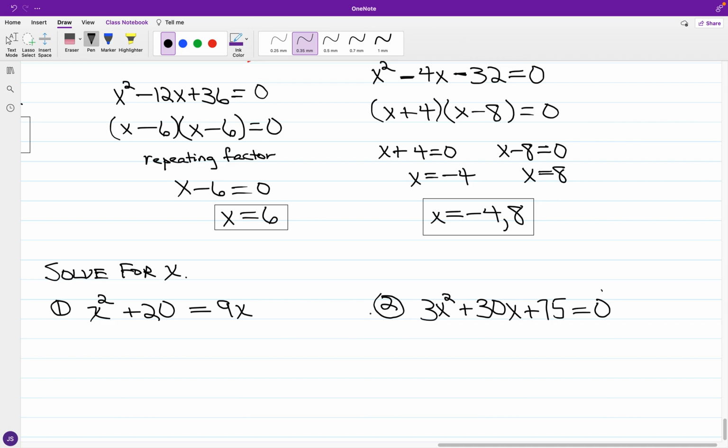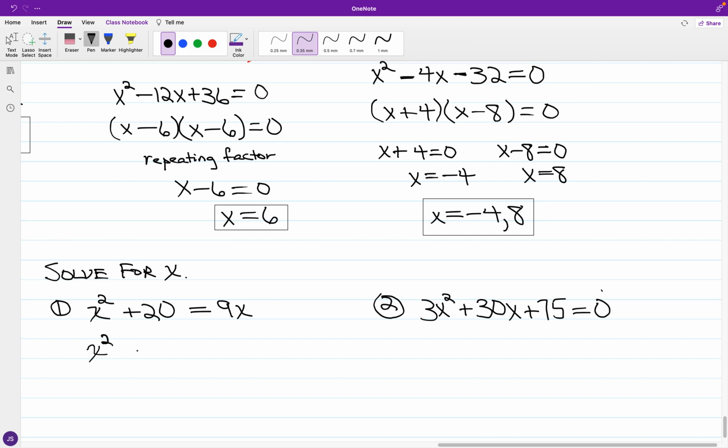I'm going to show you a couple of ways to go about the second case here, but just looking at the equations now, the first equation we do not have set up in standard form, whereas in the second case we do. For the first item, you have x squared plus 20 is equal to 9x.